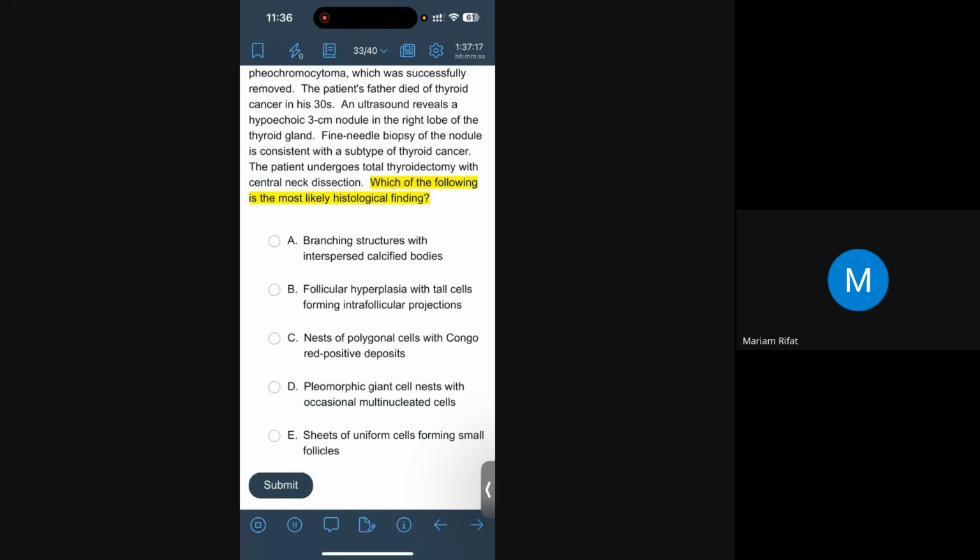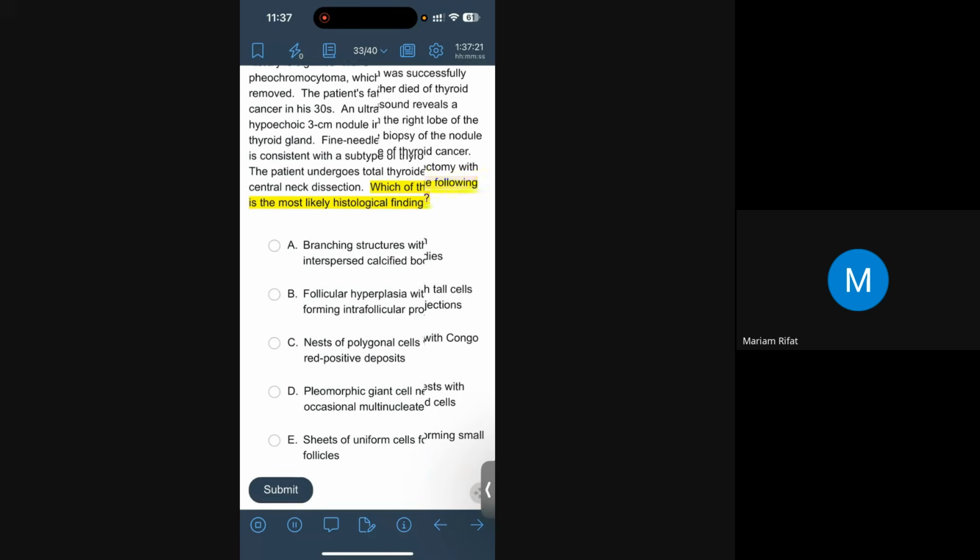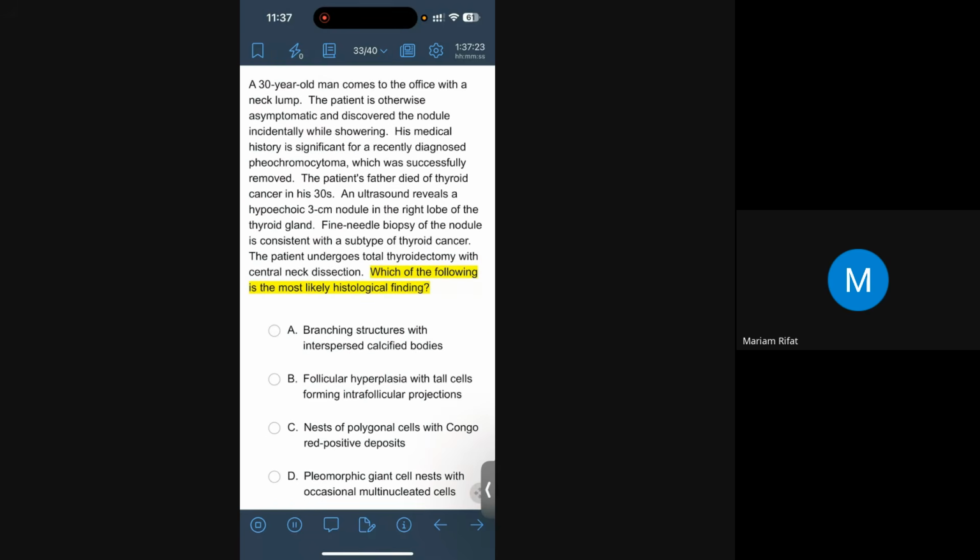In the question, he has given us different histology findings. Now we have to find the diagnosis, what type of thyroid cancer it is, and then find a finding consistent with that cancer.